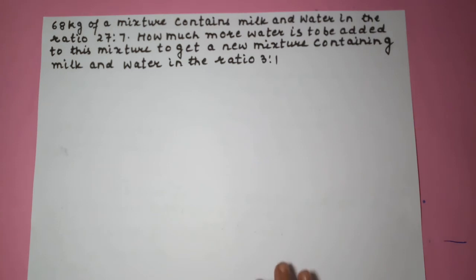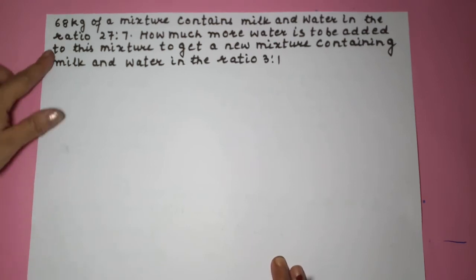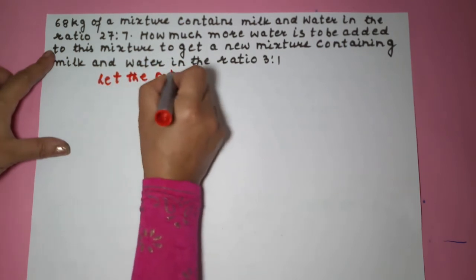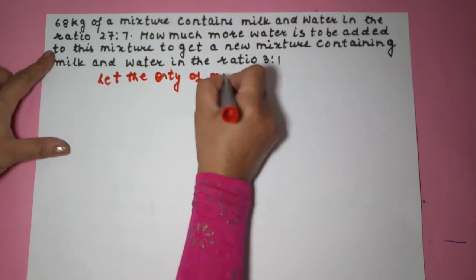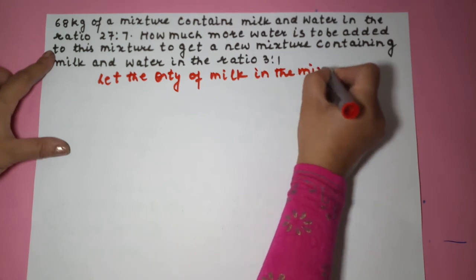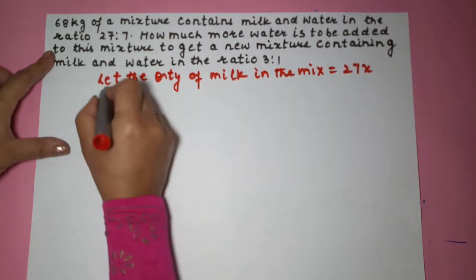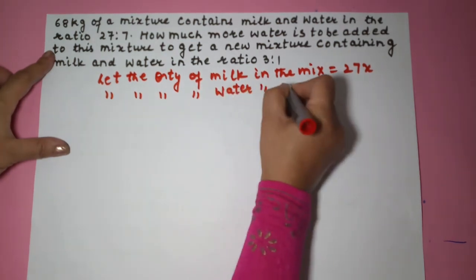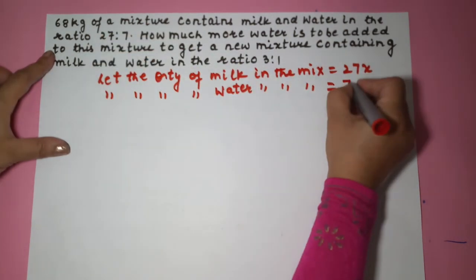Now, this one is based on the mixture. He's saying that 68 kilograms of a mixture contains milk and water in the ratio 27:7. Fine. So let the quantity of milk in the mixture be 27x and let the quantity of water in the mixture be 7x.